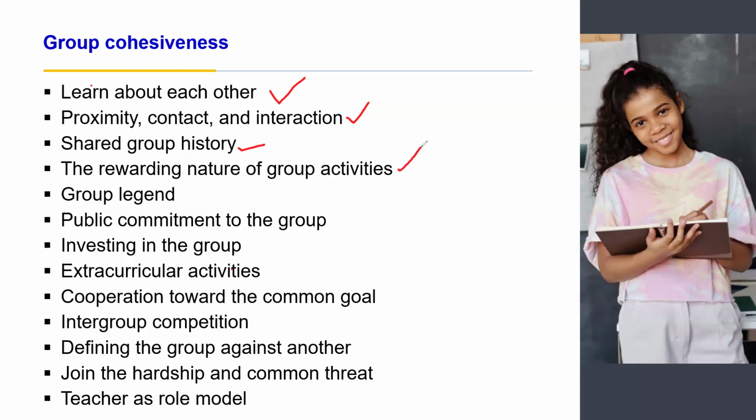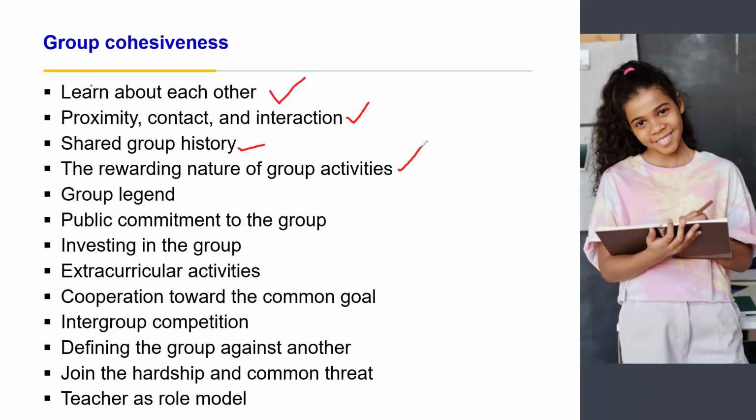When the group has made any achievement, it should be celebrated or rewarded. Even when a student makes a mistake, others need to give encouragement or constructive feedback in order to help the group be better.